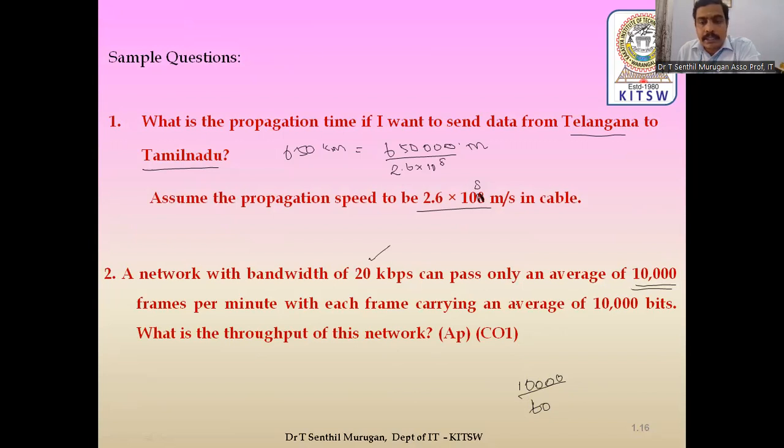So 10,000 frames are there and 10,000 bits are there. What is the throughput of this network? Per minute you have to calculate 10,000 into 10,000 by 60. So that is the throughput.